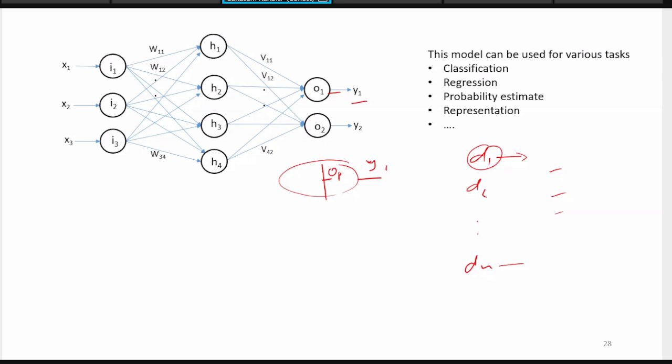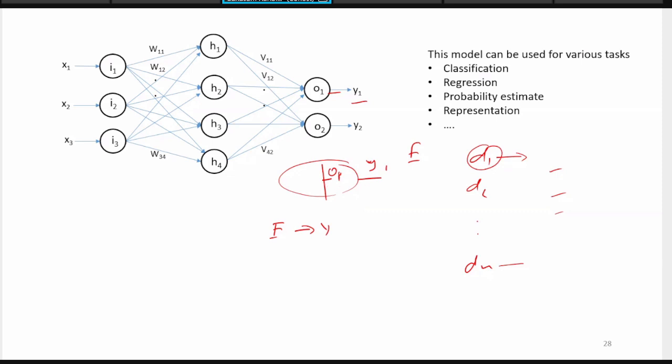But please remember, every node here will have two outputs. One is from the perceptron, another is from the activation function. The output from the activation function is the output from the node itself, but the output from the perceptron is the intermediate output. When you do the back propagation, your error depends on Y. Error depends on Y, right?